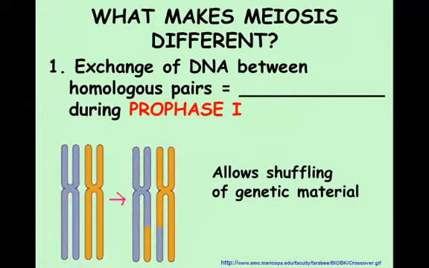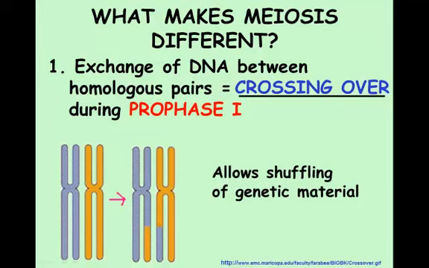Once we match up our homologous partners, they can start trading DNA between the chromatid arms. And that is called crossing over, because a little piece of genetic material from, if this is my maternal chromosome that came from mom, and my paternal chromosome that came from dad, a little piece of the maternal chromosome, the mom chromosome, is going to trade places with a little piece of the dad chromosome.